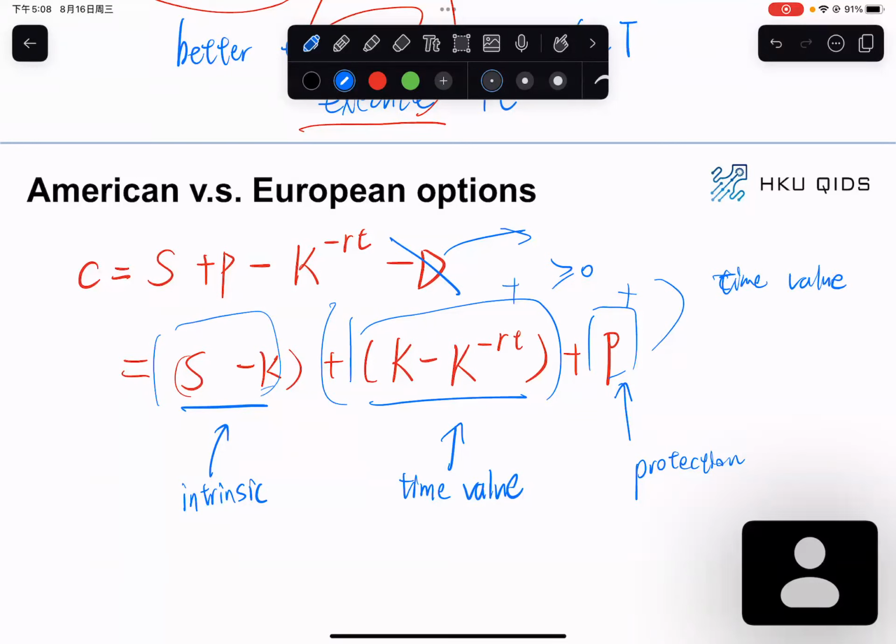And there is also another way to think about this question, which is that you can construct this kind of American call using some strategies.